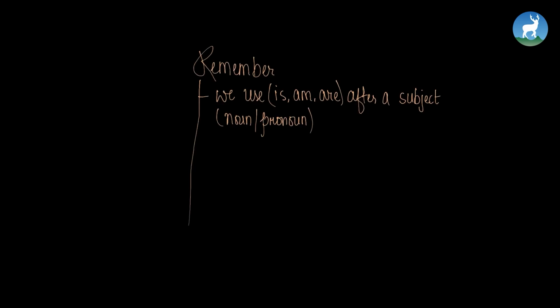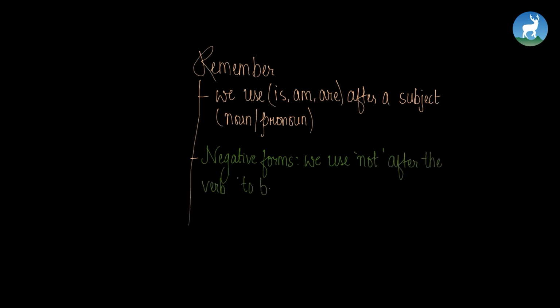So remember, we use is, am, or are, that are the verbs to be after a subject, noun, or pronoun. For negative forms of present simple for the state of being, we simply use not after the verb to be: is, am, and are. And to form questions in the present simple tense for the state of being, we invert the subject and the verb to be.